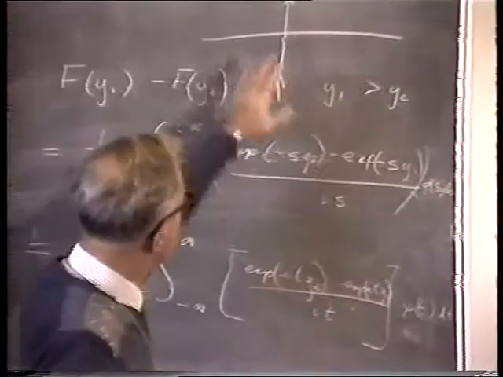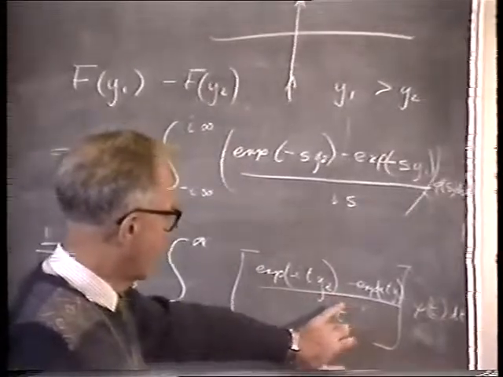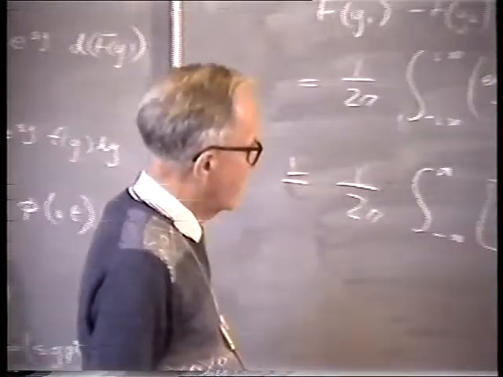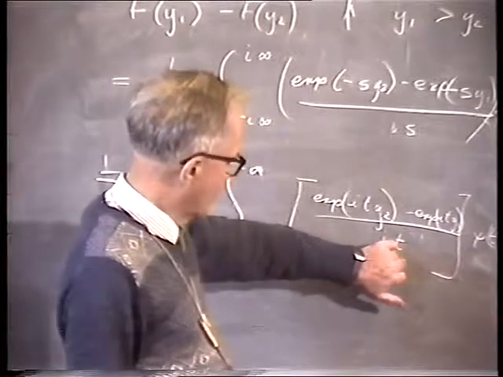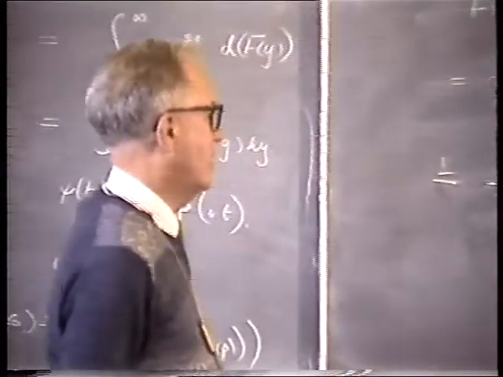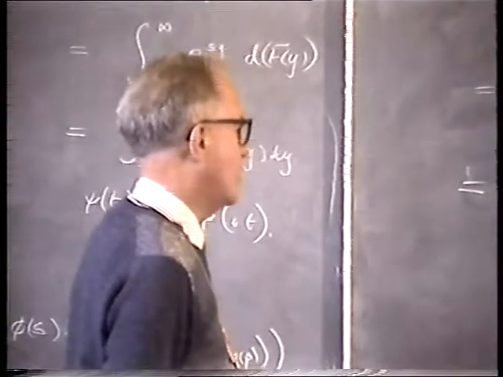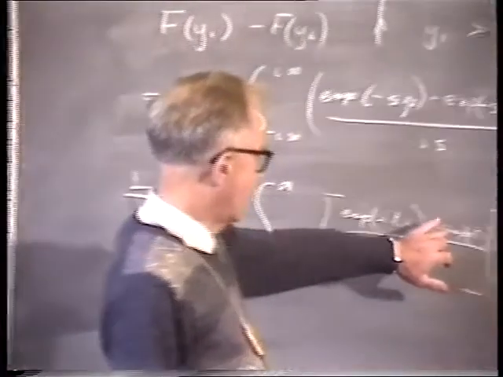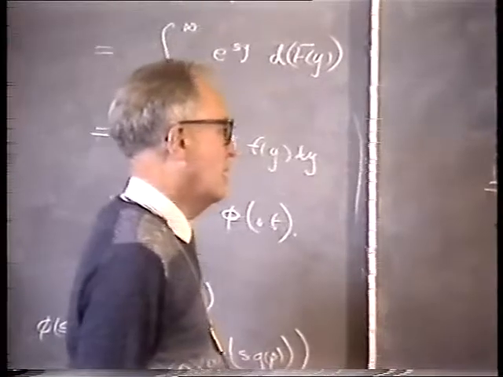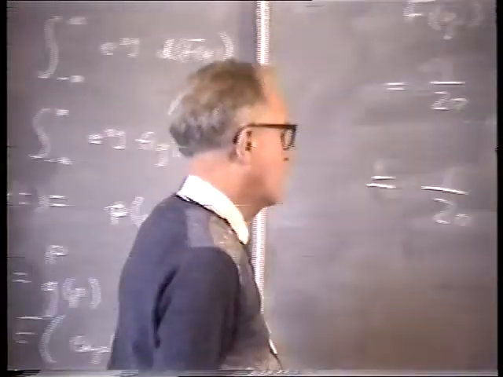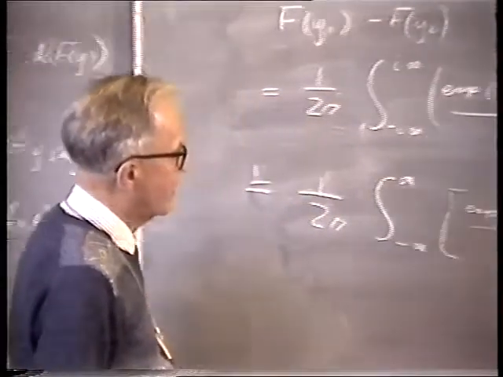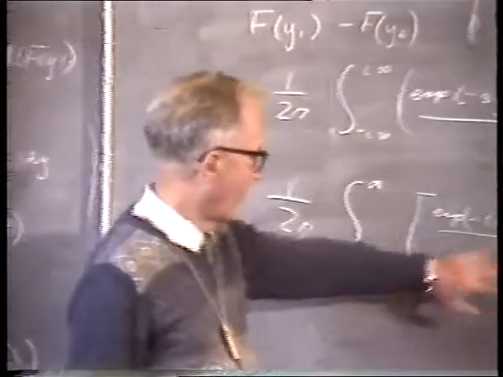Since your path is going through the origin, you have a factor 1 upon t here, which looks as though it's going to make the integrand have an infinite value, but that doesn't happen because at the same time the numerator becomes 0, and so one simply takes the limit as t tends to 0 here.